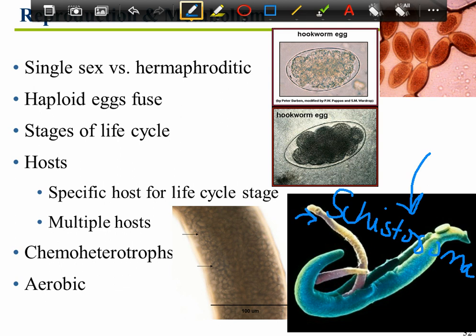I mentioned that these girls can produce a lot of eggs. Look at this body. It's packed full of eggs. Those little individual circles you see are eggs. Another egg up here. I don't think there's anything else that I need to talk about here. They're chemoheterotrophic like we are, and aerobic like we are.